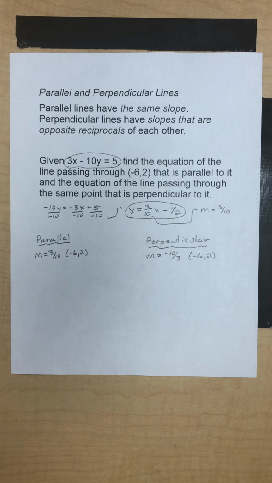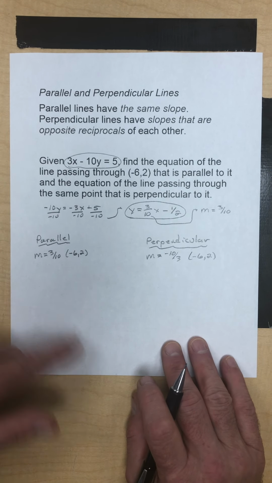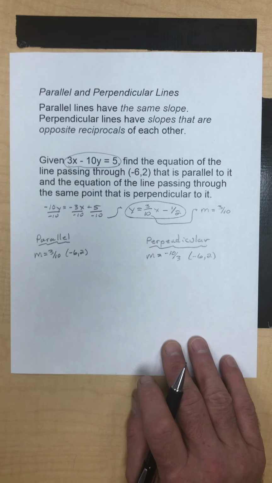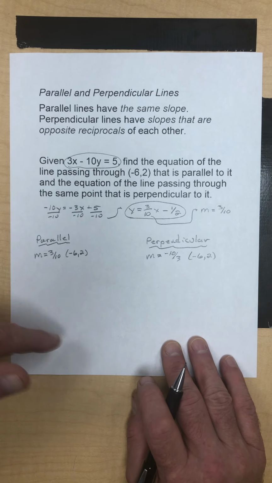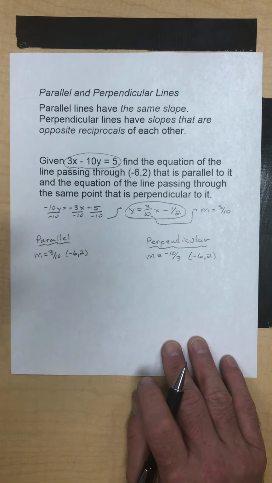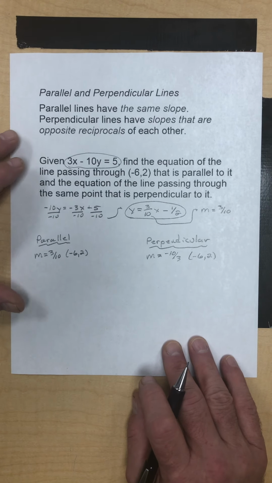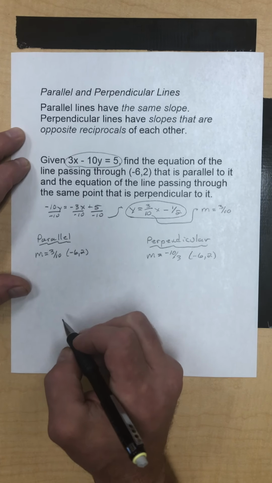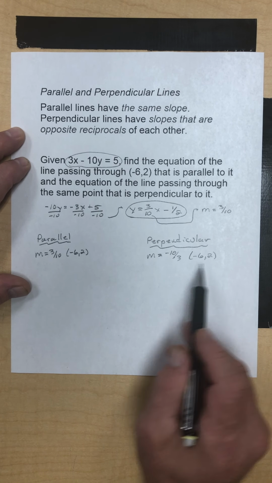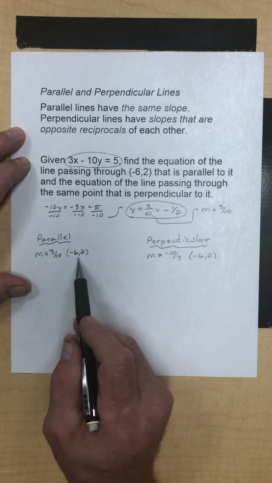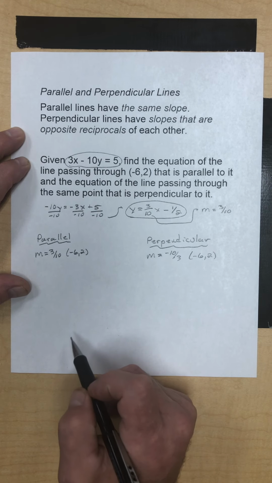All right, so it doesn't say anything about what form it wants our final equations to be in, so you could just choose. I'm going to come up with both equations in slope-intercept form, but if you wanted to go to general form or standard form, that's okay as well. That's not a y-intercept, and this isn't either, so I can't use y equals mx plus b.